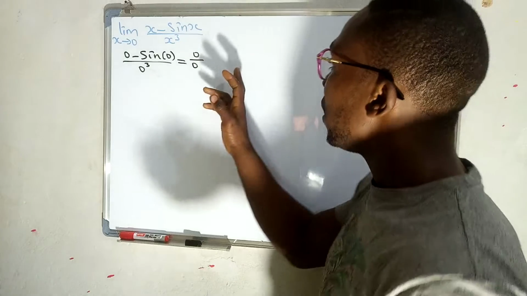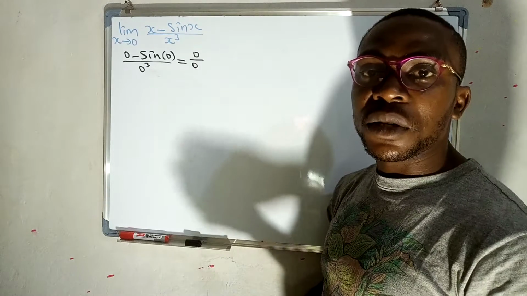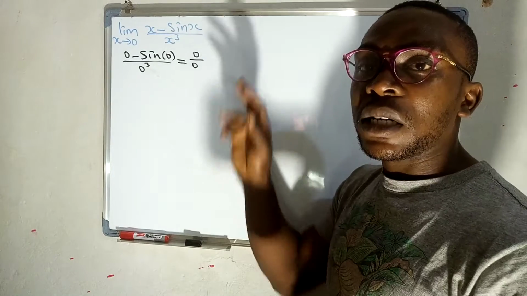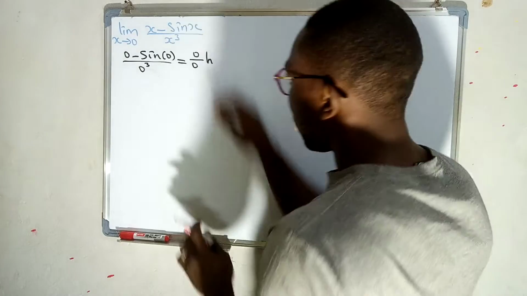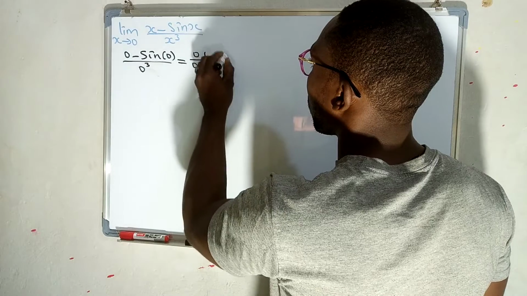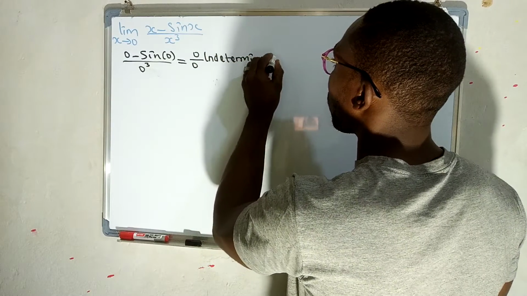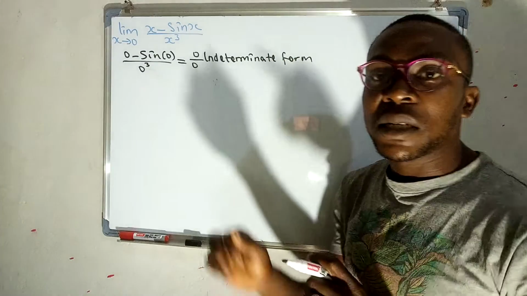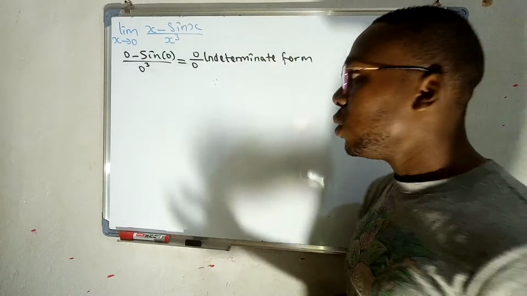When you are finding a limit of a function and you have 0 over 0, just know that you've not arrived at your final answer. This is called an indeterminate form. So we just have to apply L'Hopital's rule.